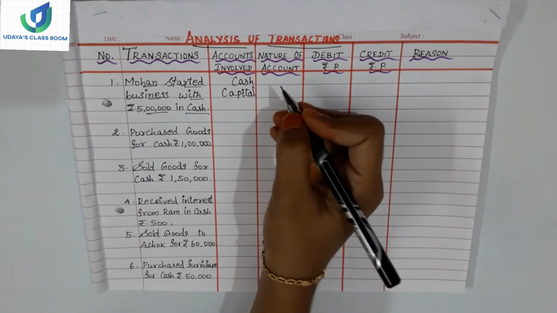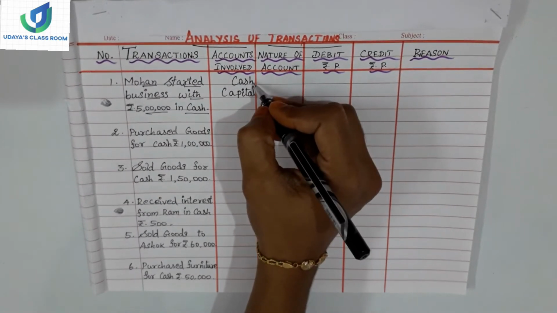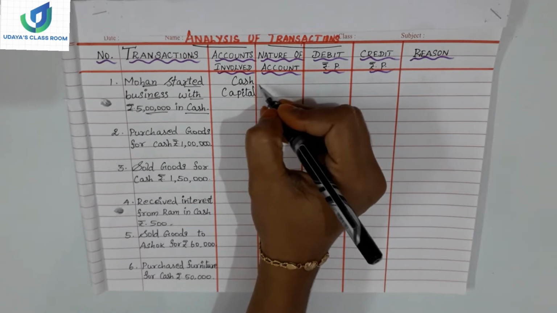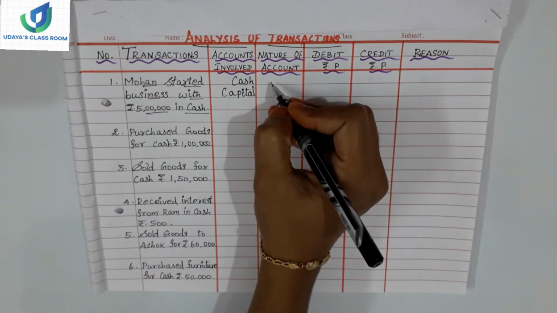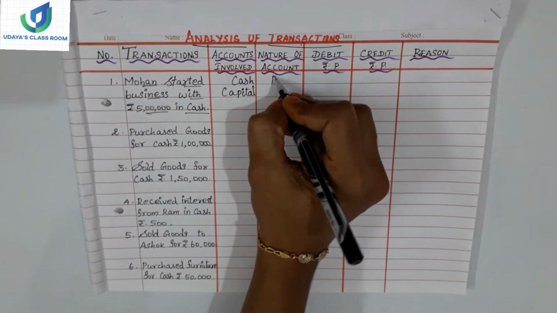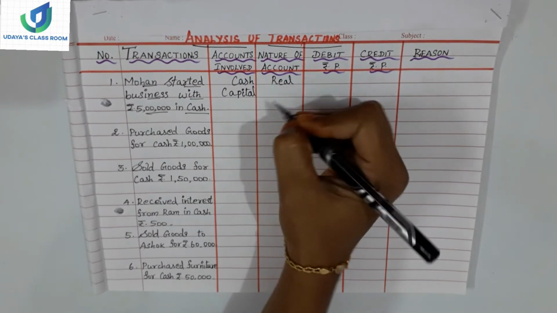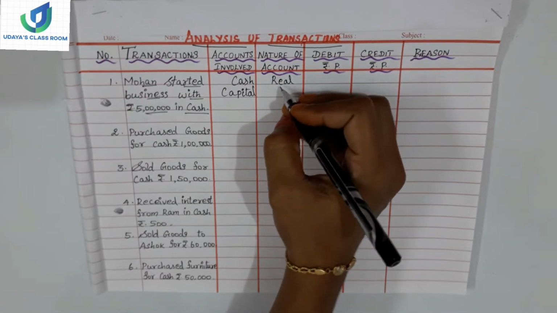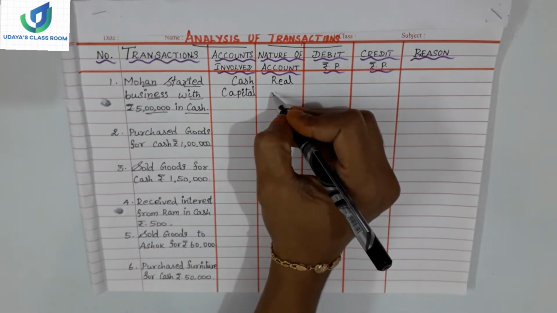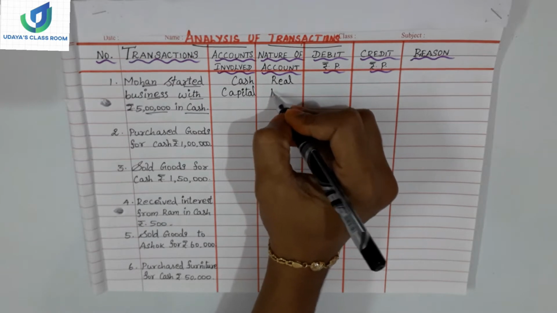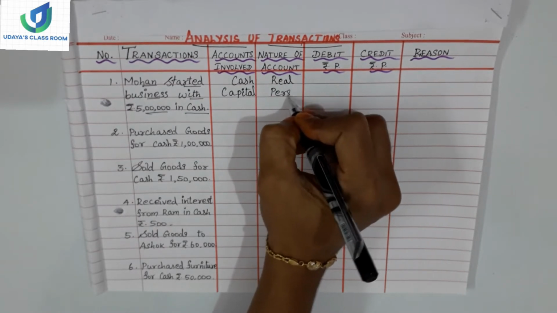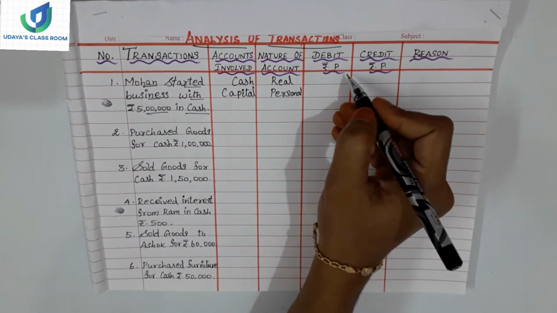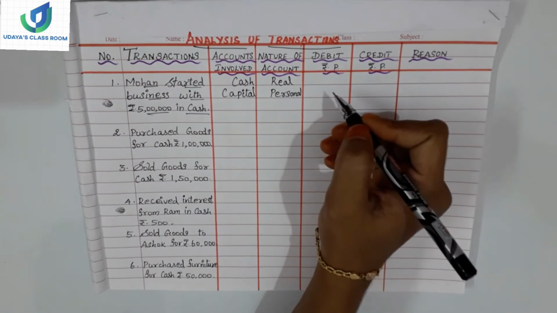Alright, now let's write the nature of account for this cash and for the capital. We know already cash means it is an asset, so real account. And capital means person involved, right? So it is a personal account. And next we have to see debit or credit, right?